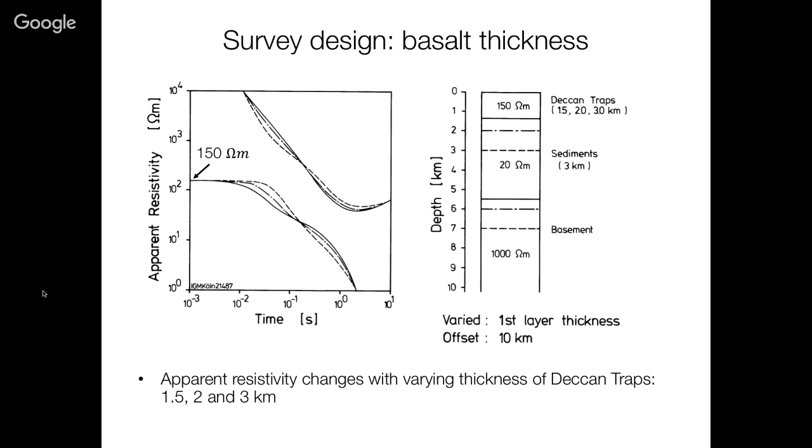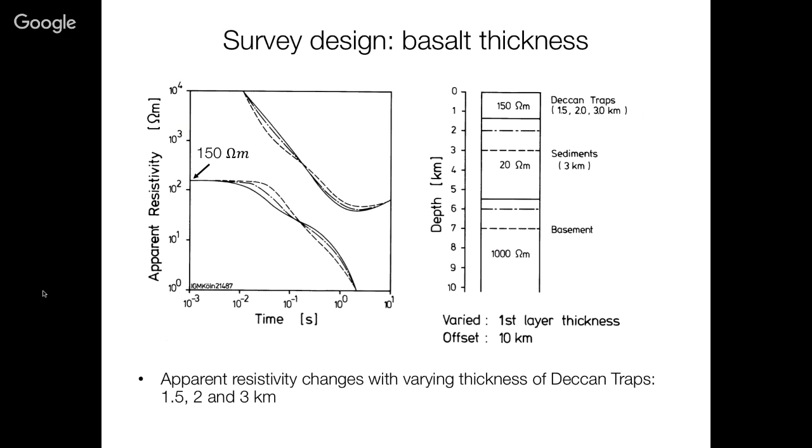To look at survey design and see if we could detect something, the base model was basalt at the top, maybe 150 ohm-meters, sediments at 20 ohm-meters, and basement at about 1,000, and then we just varied the thickness of the sediments. What we're looking at here is time, so it's a time domain survey, and you're measuring at individual time channels.